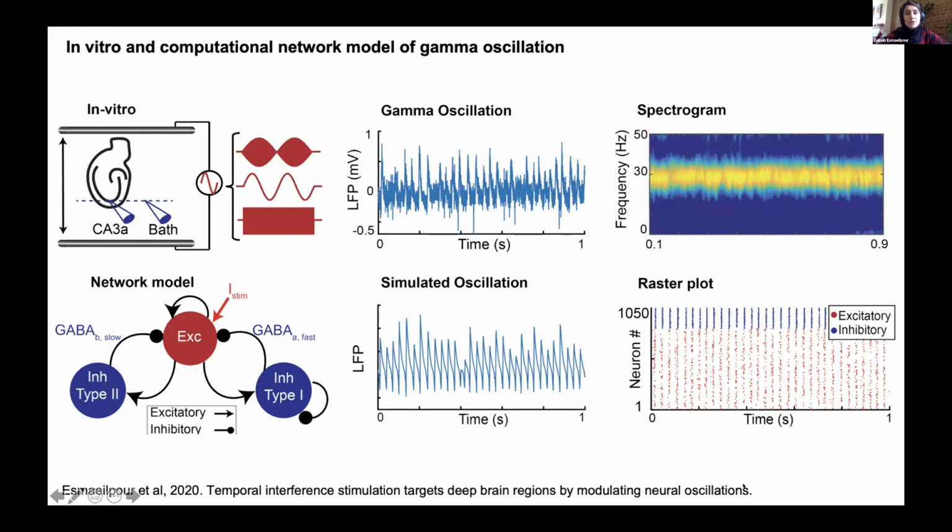If you record from CA3 regions, we are recording from CA3A. In the CA3 regions, we would be producing gamma oscillations, which are really stable for over 2 or 3 hours. And the electric field that we applied here was in a direction that would make the pyramidal neurons in the CA3C regions depolarized.